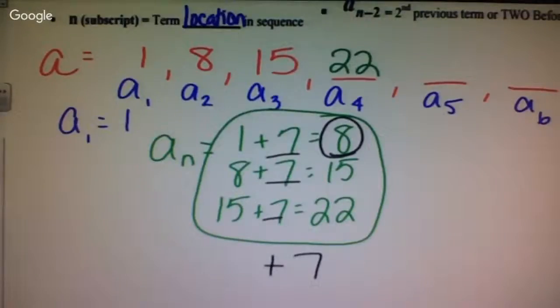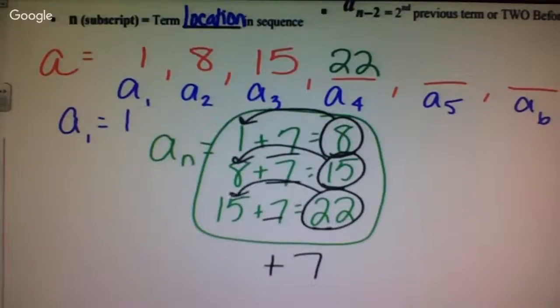To get this answer, I need to go back to this one. To get this answer, I need to go back to this one. If I want to get this answer, I've got to go back to this.